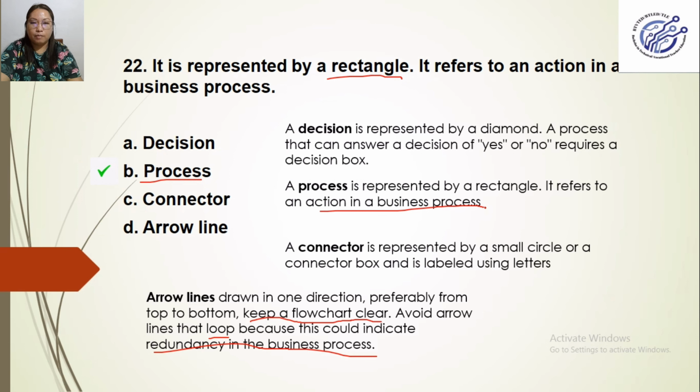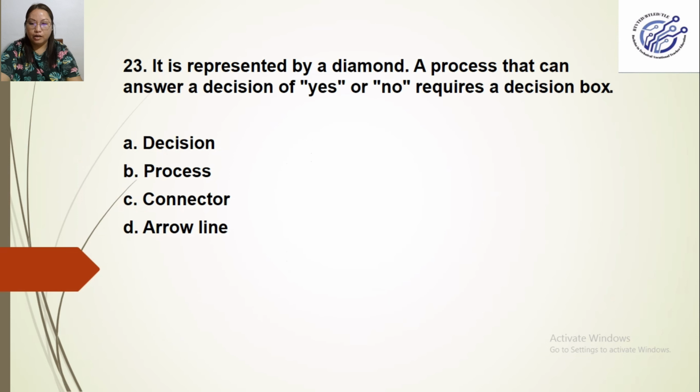Whereas yung decision naman po, is represented po siya ng diamond. So, a process that can answer a decision of yes or no requires a decision box. So, sa ating number 22, sa tanong po na kung ano po yung nire-represent ng rectangle, siya po ay process.